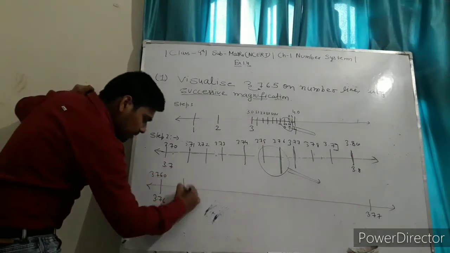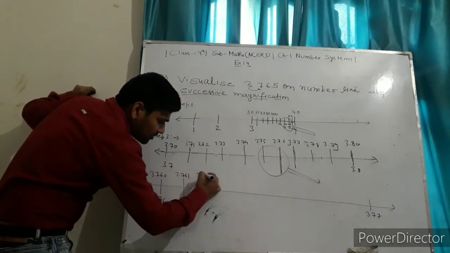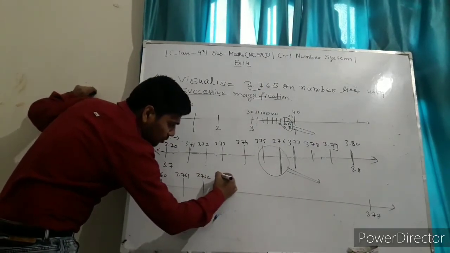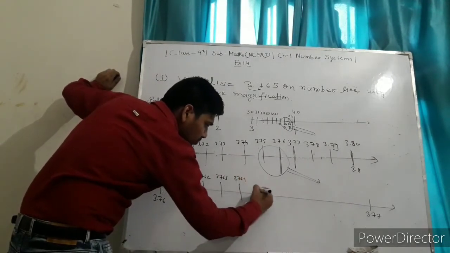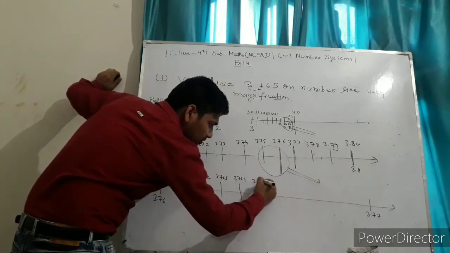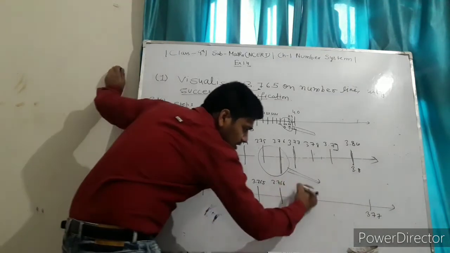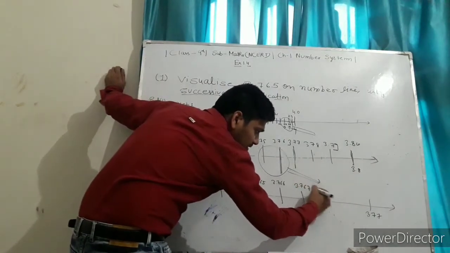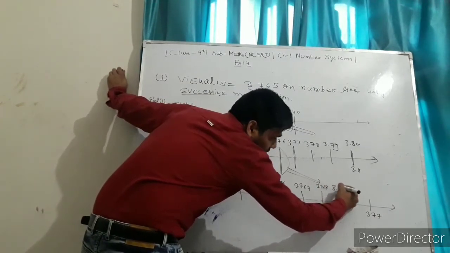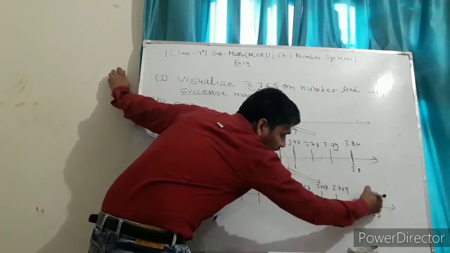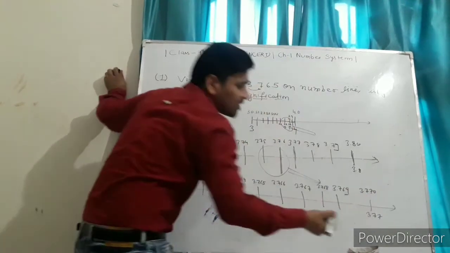Again the numbers become 3.761, 3.762, 3.763, 3.764, 3.765, 3.766, 3.767, 3.768, 3.769, and this is your 3.770, because after 69 there is 70.